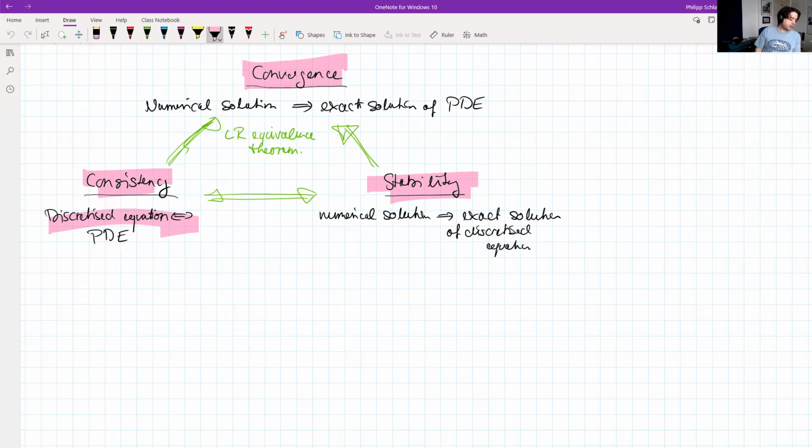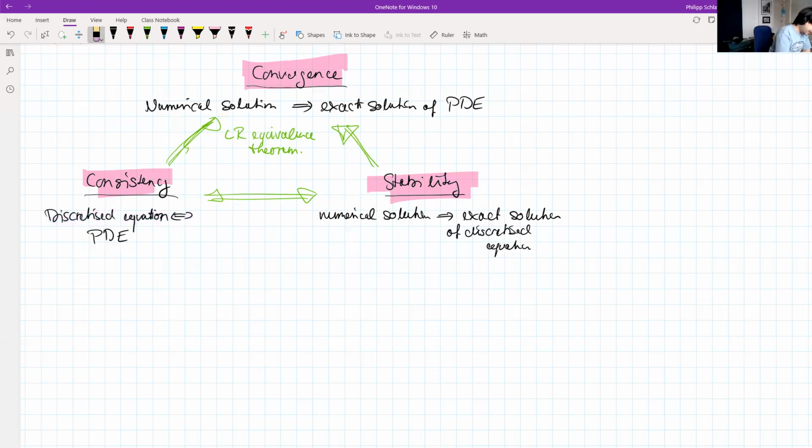So consistency means I approximate the right equation, and stability means I actually get a right solution to this correctly approximated equation. Together, it intuitively makes sense that convergence is then given.